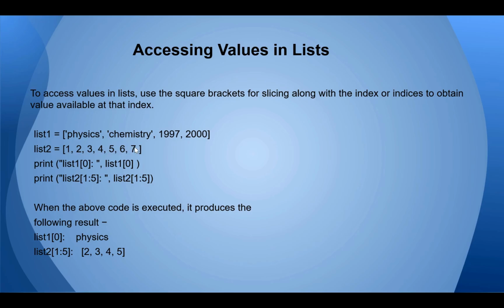Now I want to display a list 1 item, only the first item of my list. So what I am doing here: first of all, print list 1 in square brackets 0 colon, double quote, close. Whatever is written under double quotes will be printed as it is, then comma, then I'm writing my variable name, that means the thing I want to display.